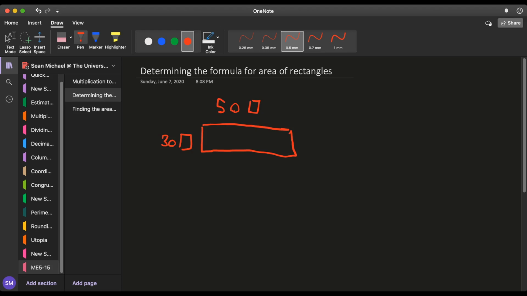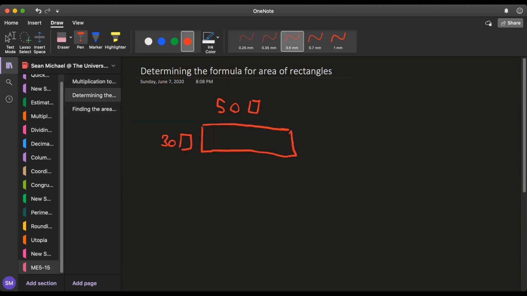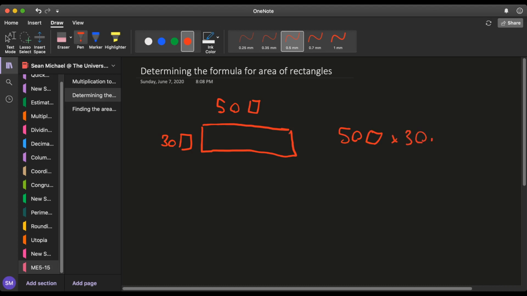But that would take you a long time. Rather, you could just be like, oh, well, I know now from over here that if I multiply the length by the width, I can find the number of squares. And so yeah, that's true. So if you go 50 squares times 30 squares, you're going to get how many?